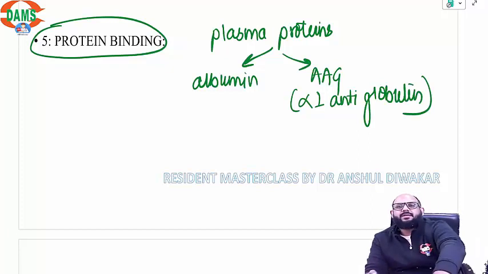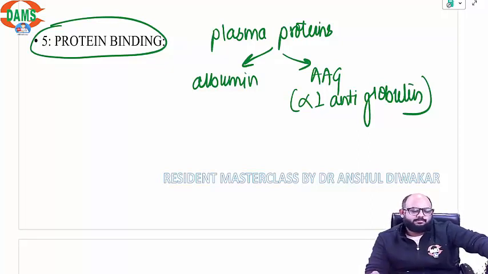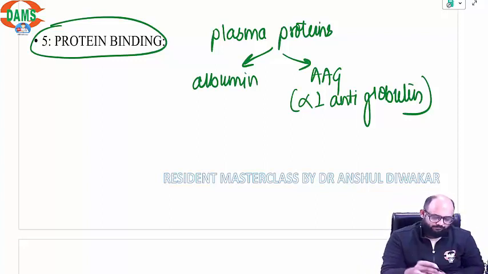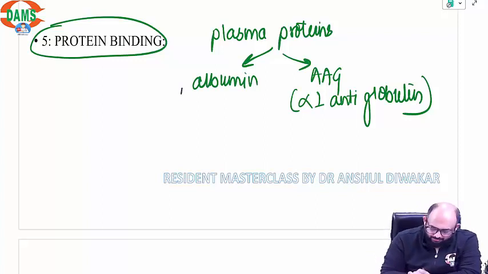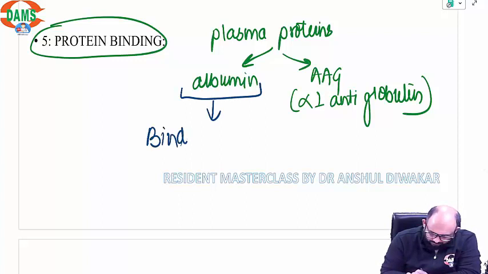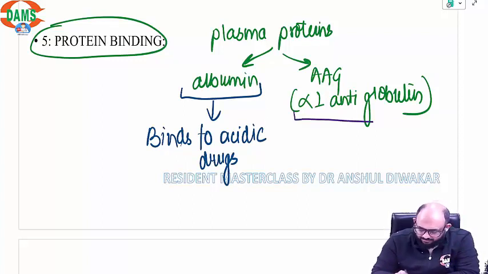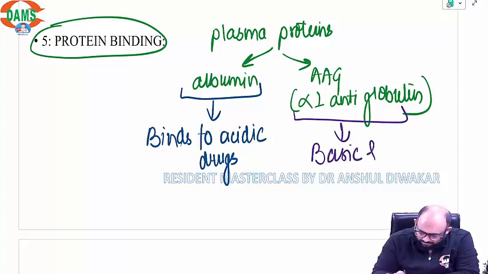Now, albumin binds to acidic drugs, while alpha 1 antiglobulin binds to basic and neutral drugs.